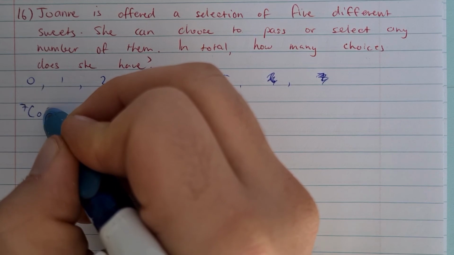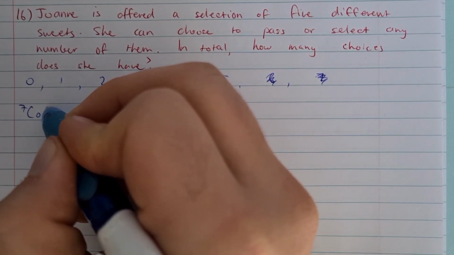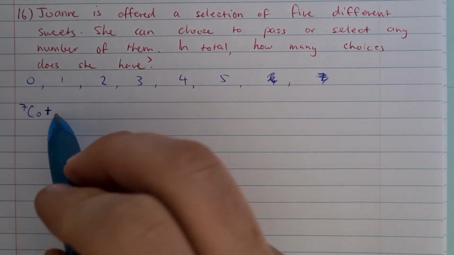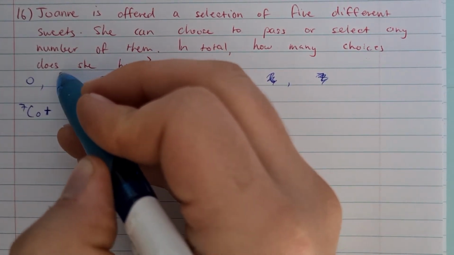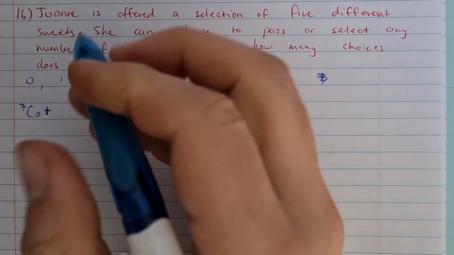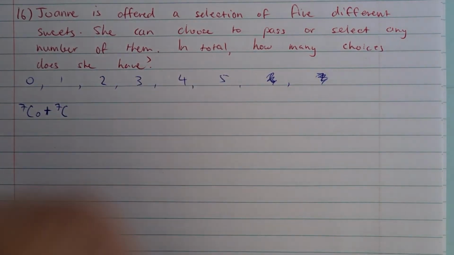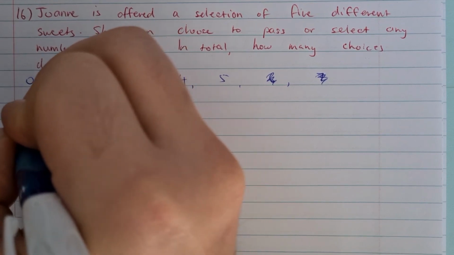Or, so we're using or. Remember, when you ask yourself or, it's the addition rule. So we're going to add how many combinations there are if she's only choosing 1.